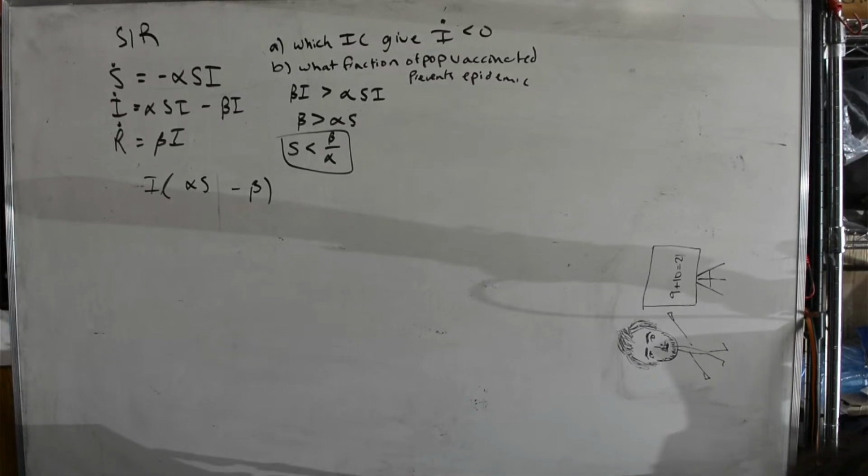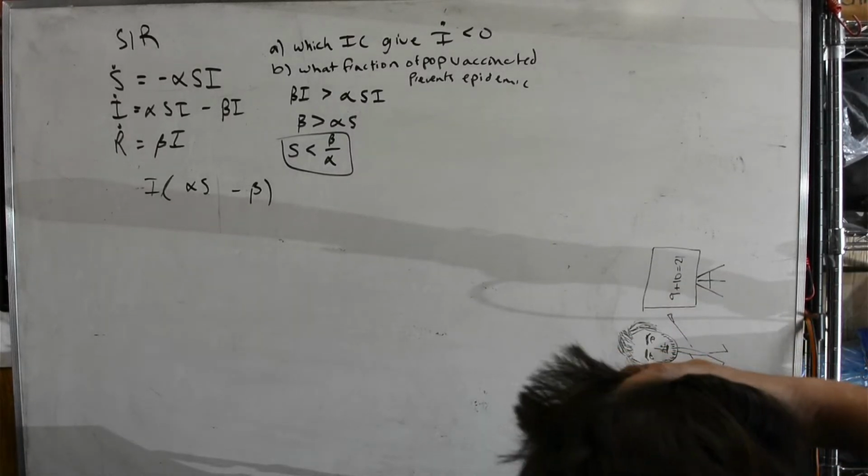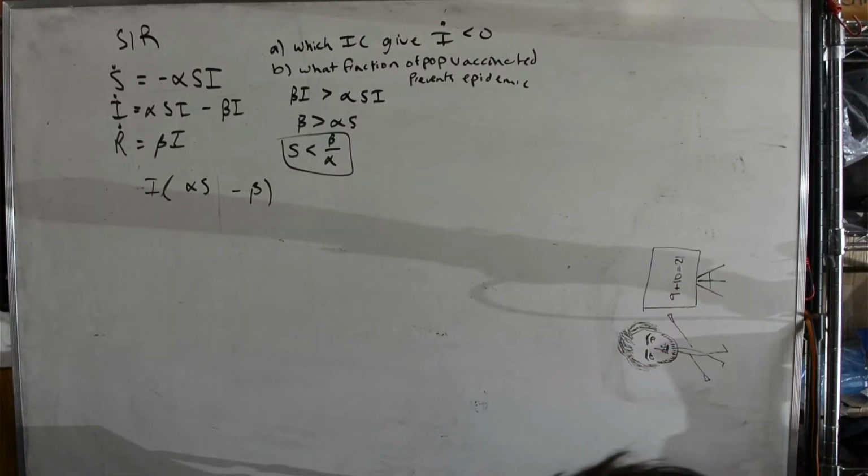The first one is just figure out how to make the derivative of infected less than 0. But now, how to... I guess what you could say is you want to remove enough susceptible such that alpha times S is less than beta.